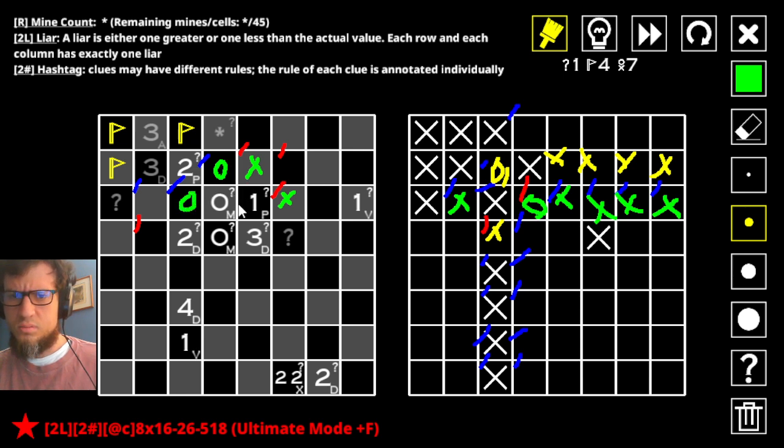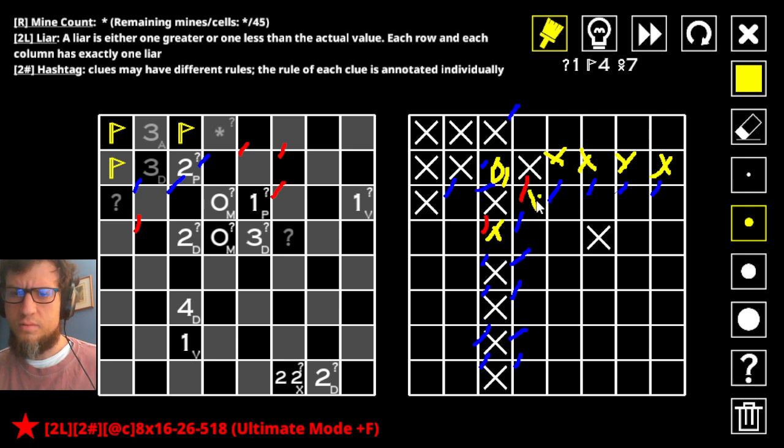So, wait. Oh, yeah, okay. Right. And in that case, that's a contradiction, right? Yeah, because this 2 product would actually have to be a 1, which it now can't be. Right, okay.